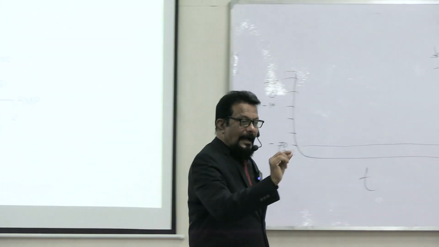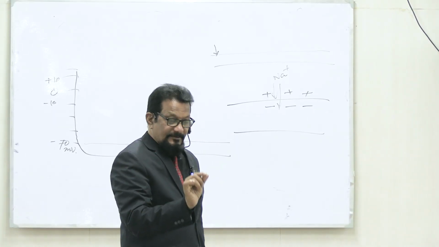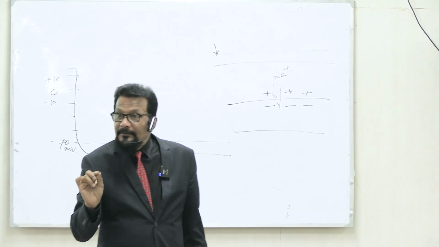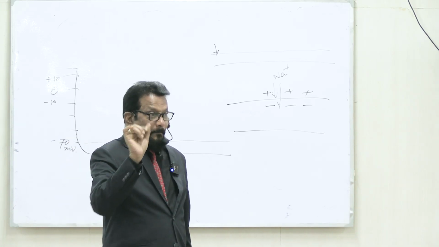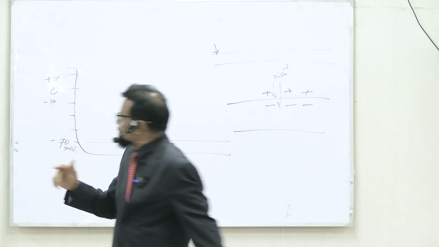Let's see, I have now increased the strength of the stimulus, but not to threshold, still below the threshold. What will happen?